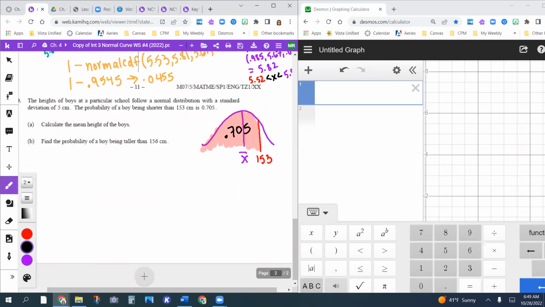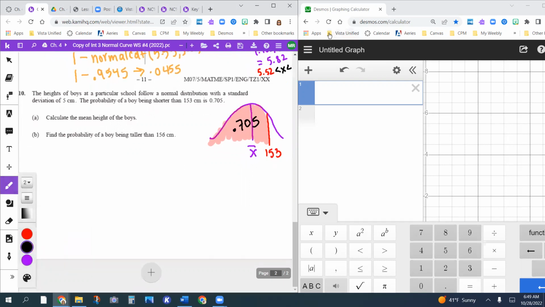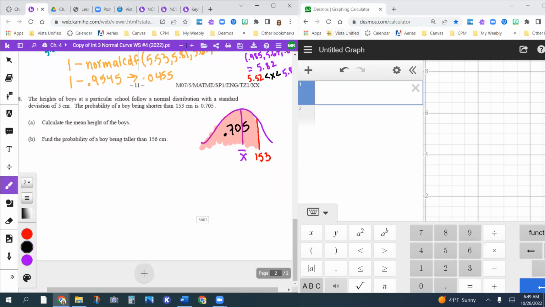And I need to figure out what the mean is, knowing that the standard deviation is 5. So what I'm going to do is use a standard normal curve. If I was to draw a standard normal curve, my mean would be 0. My standard deviation would be 1.